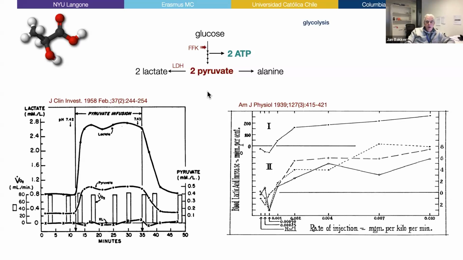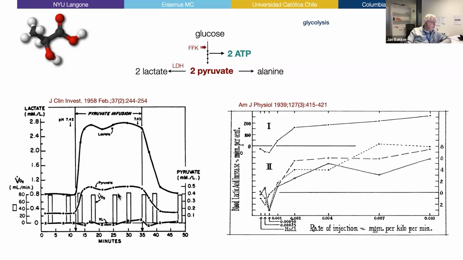What speeds up glucose metabolism, lactate metabolism? Well, for instance, if you give pyruvate, if you add this substrate to a patient or a healthy volunteer in this case, you will start to produce lactate. As you can see here, you do a pyruvate infusion, lactate increases.